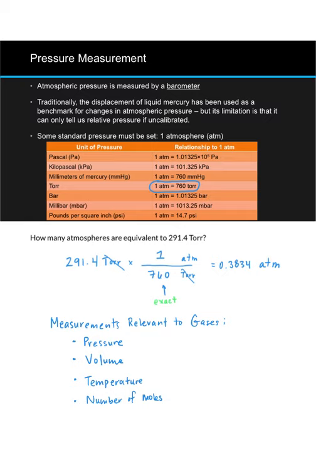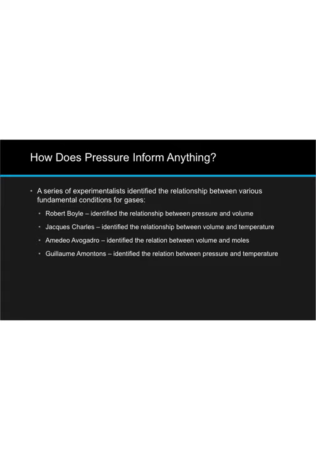We'll give each one of these measured quantities its own abbreviation or symbol: pressure, capital P; volume, capital V; temperature, capital T; and number of moles, lowercase n. As we move through the next slides, we'll explore each of these quantities and the relationships to the others. These relationships are defined by a series of experiments that show a relationship between two of those measured quantities at a time.